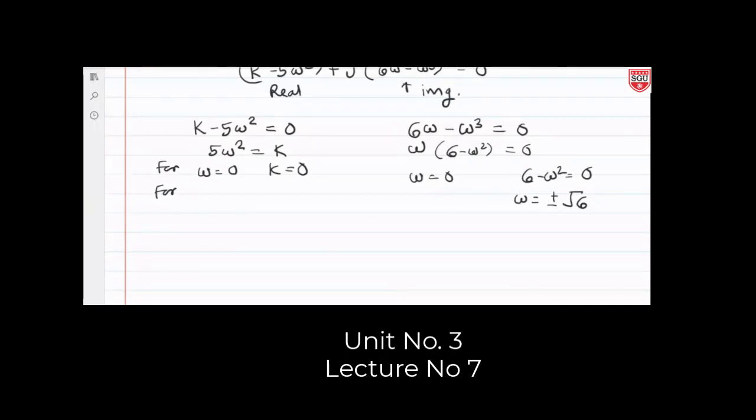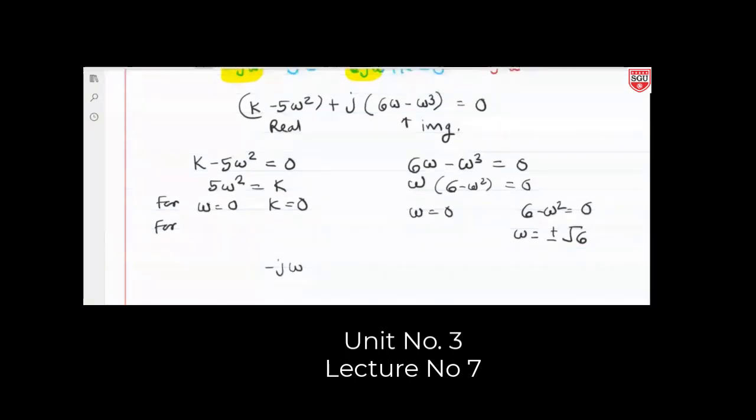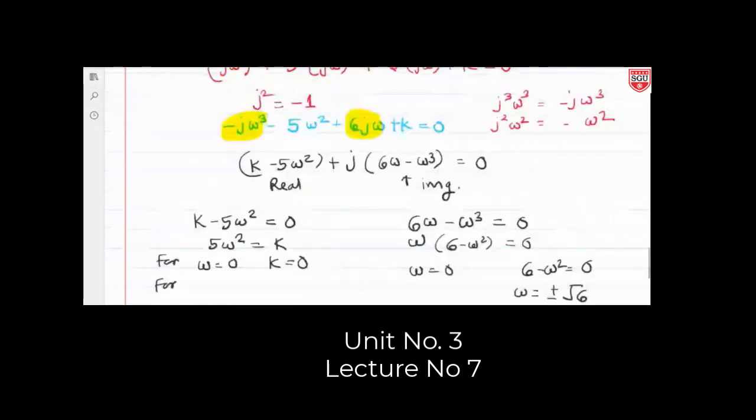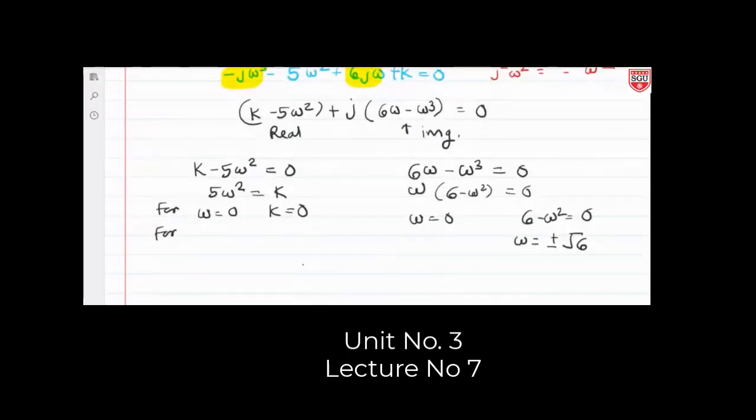So omega is equal to 0, omega is equal to plus minus root 6.